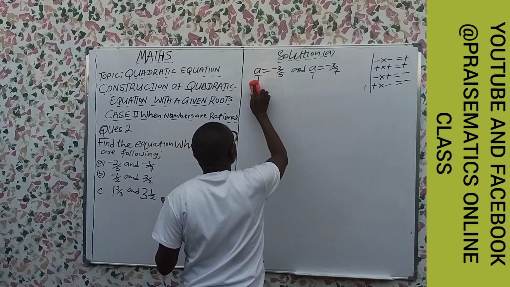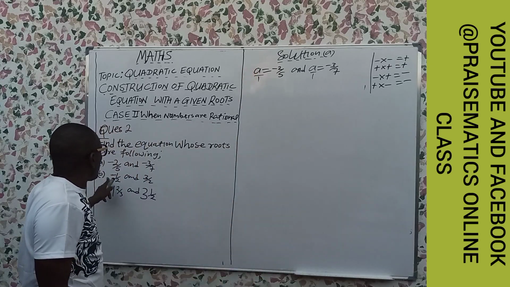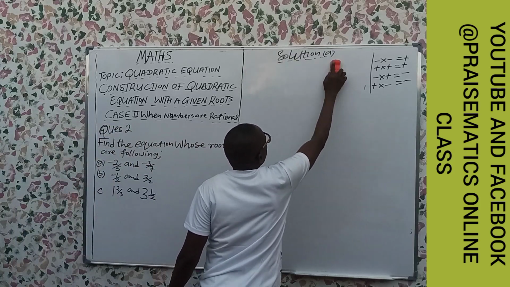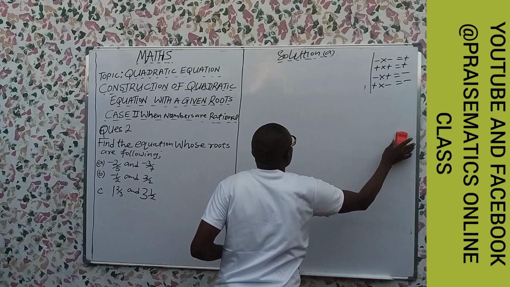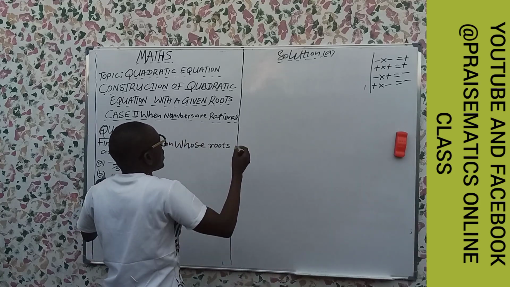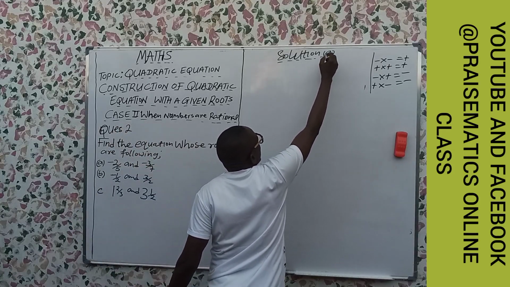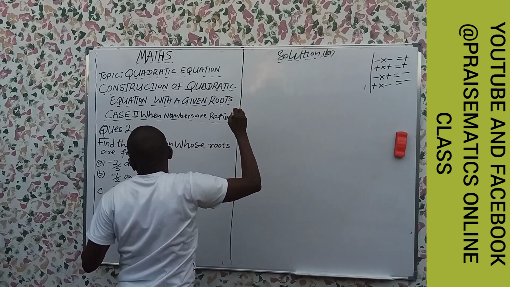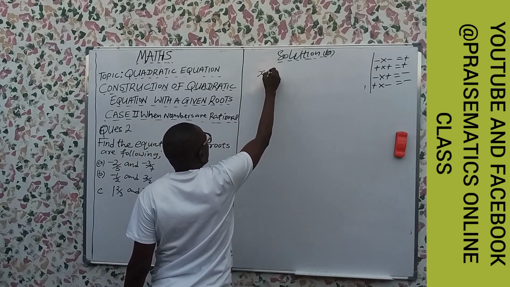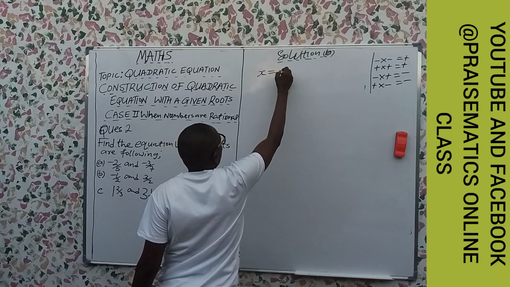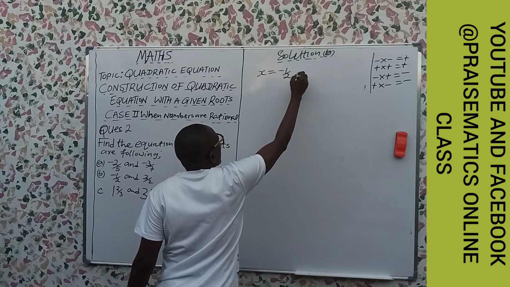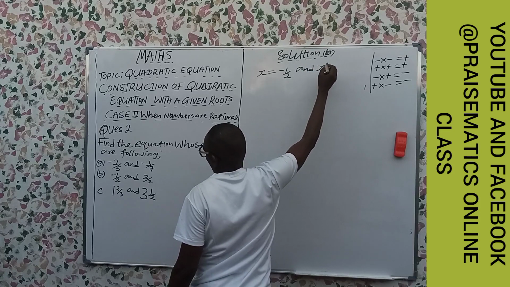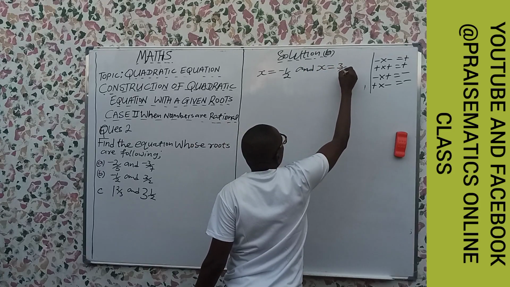Let me use the second method to solve solution B. Assume that x is equal to minus 1 over 2 and x is equal to 3 over 2.